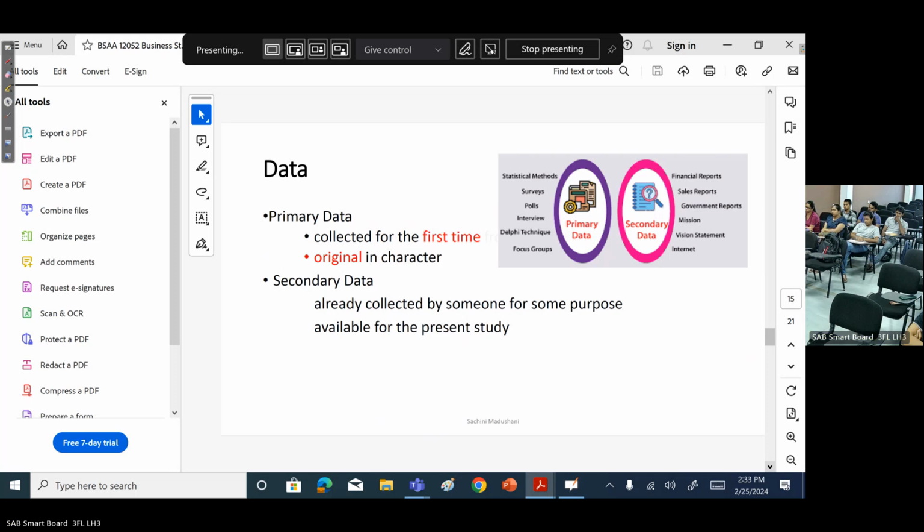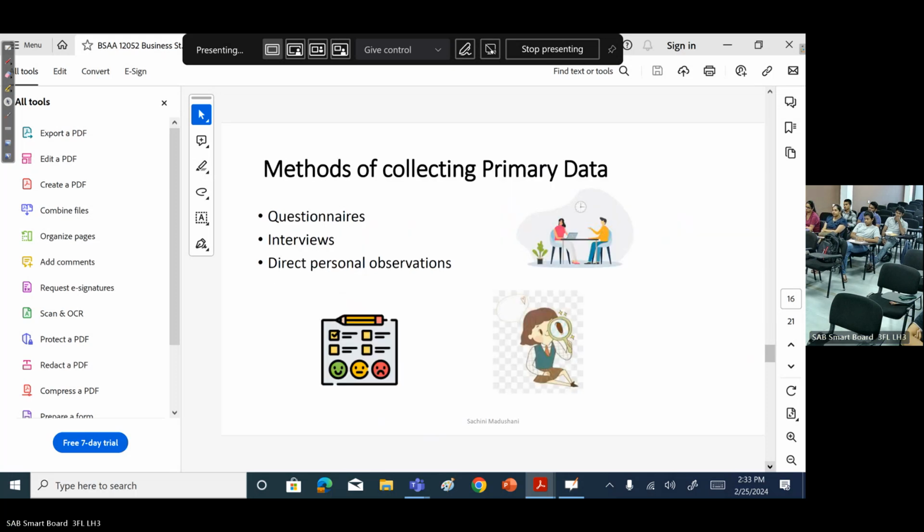Okay? Secondary data is already collected data. We can refer to the relevant book or magazine or website to collect the data. But in primary data, we collect it for the first time.